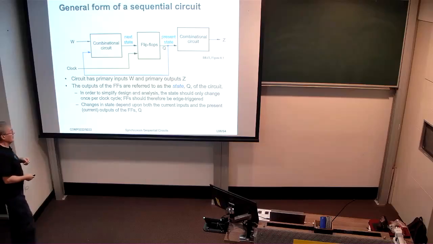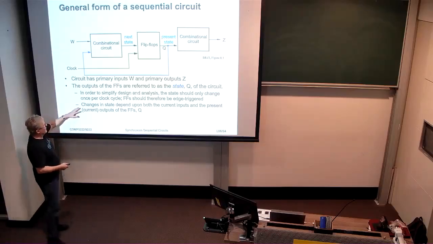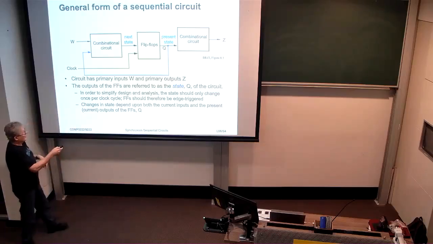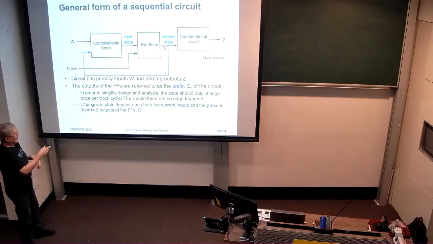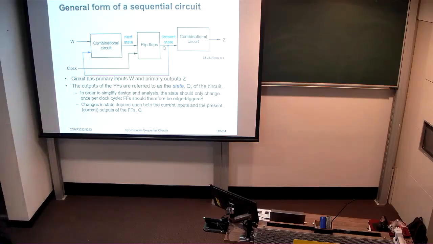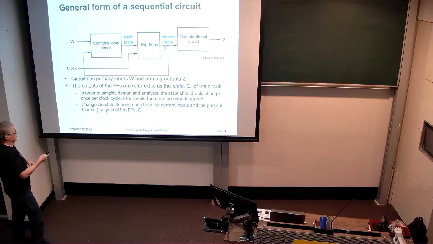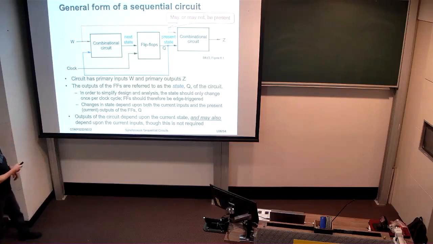Okay? So the important thing to note is that changes in state, the current state of the flip-flops, depend not just on the present inputs, but also on the present state of the flip-flops.